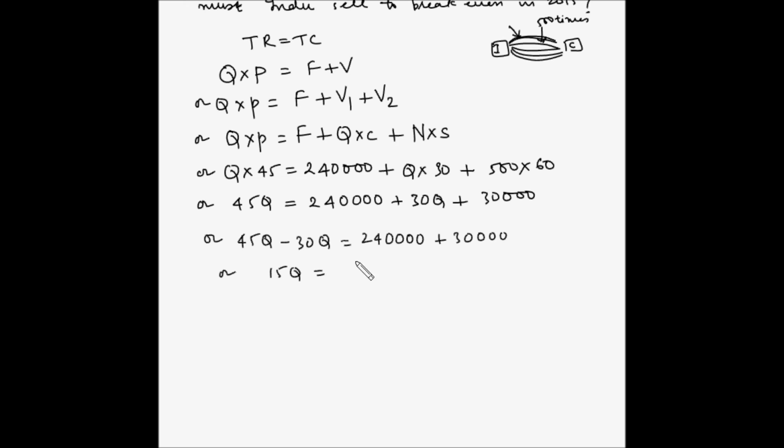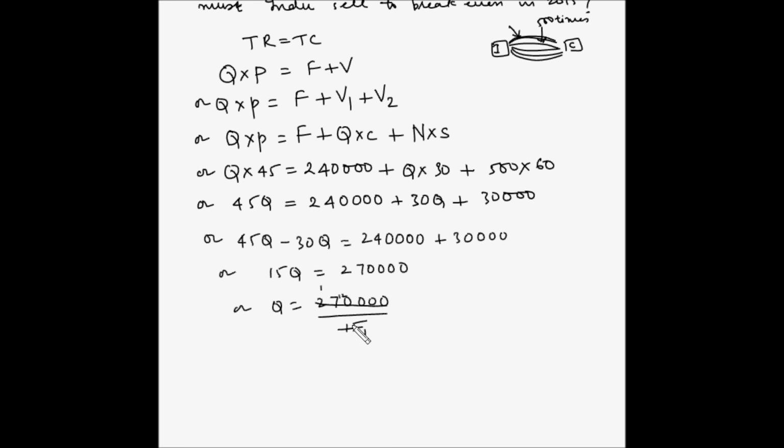So 15Q is equal to 240,000 plus 30,000, which is 270,000, or Q is equal to 270,000 divided by 15. So 15 ones are 15, 15 ones are 15. Then 27 minus 15 is 12.